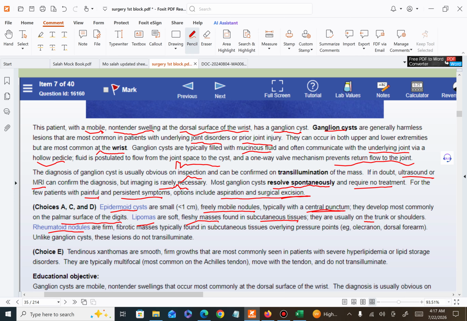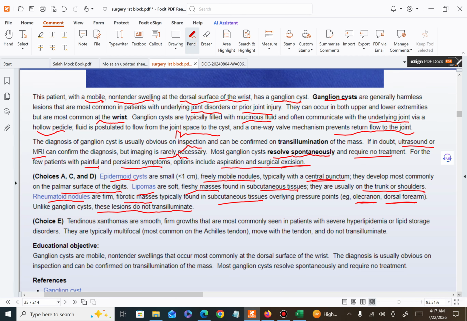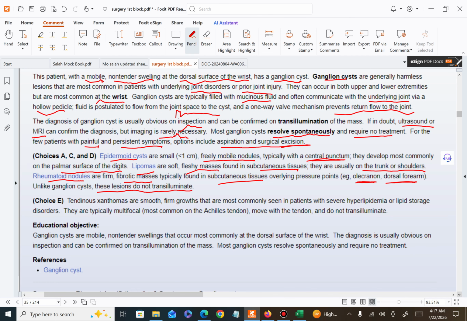They are usually on the trunk or shoulders, while rheumatoid nodules are firm, fibrotic masses typically found in subcutaneous tissues overlying pressure points, for example, the olecranon and dorsal forearm. Unlike ganglion cysts, these lesions do not transilluminate. So the main differentiating point is transillumination.